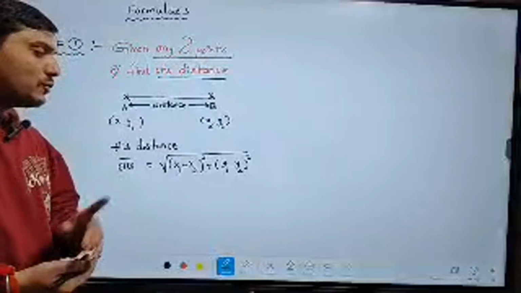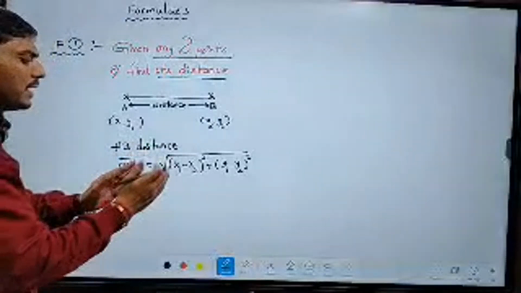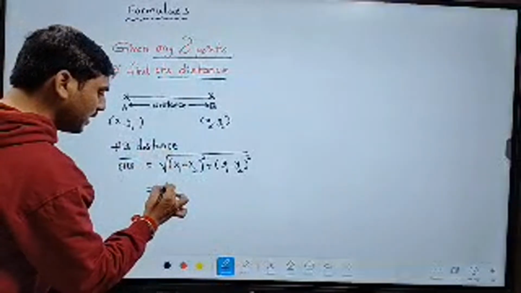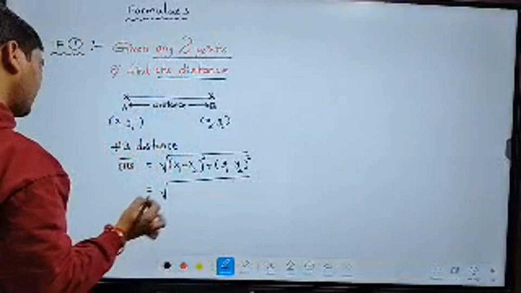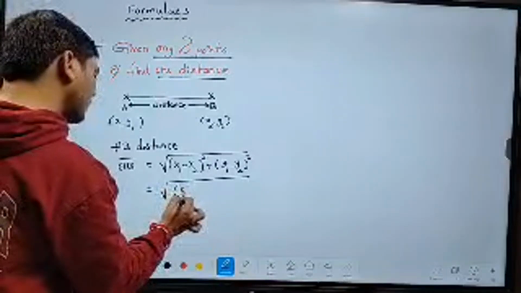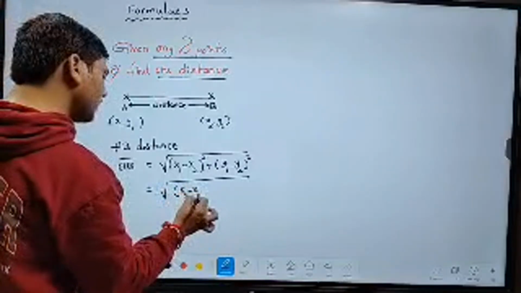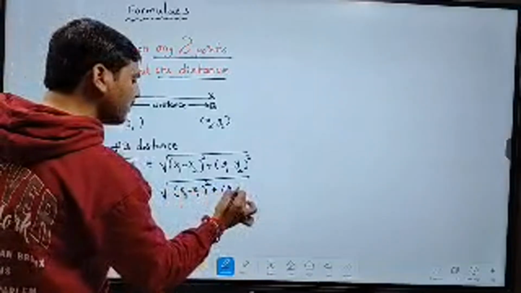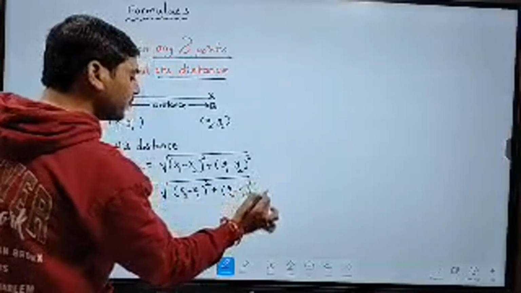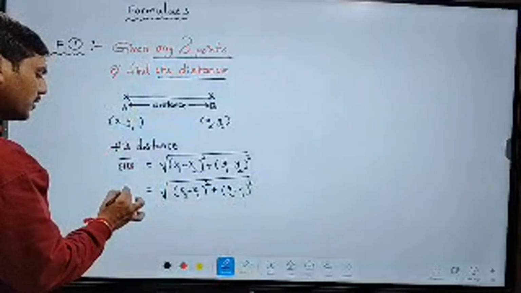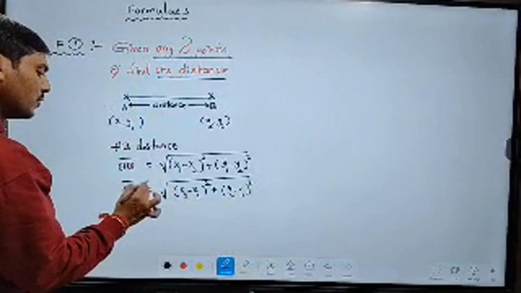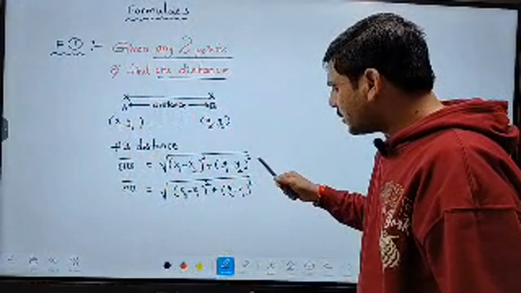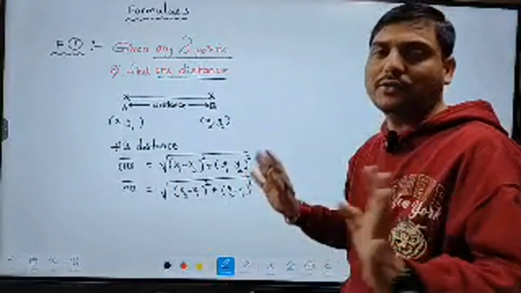One more formula is also there, with x1 and x2 replaced: the square root of (x2 minus x1) whole square plus (y2 minus y1) whole square. Both are the same formula, students. The solution will give the same values.